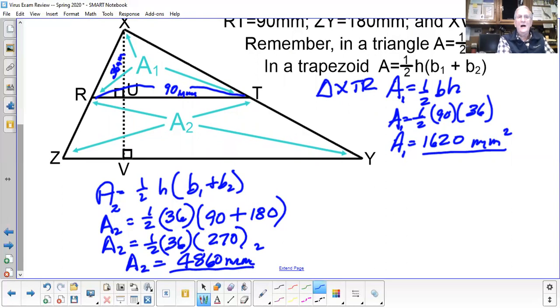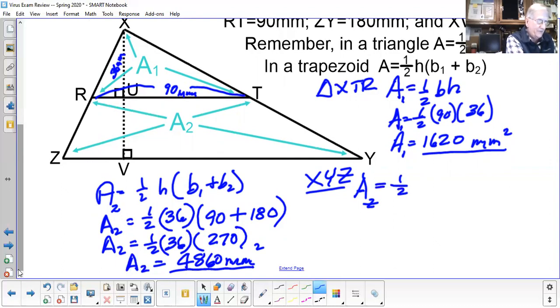So there are my two pieces. Now, what does the area have to be of the great big triangle XYZ? I'm just going to call that area Z. The area of the XYZ figure has got to be 1/2 base times height.